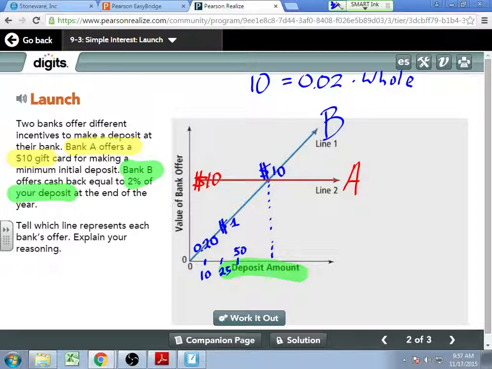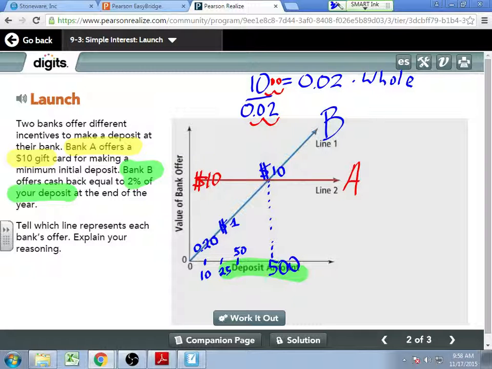I can just take 10 divided by 0.02. One trick I can do is move both decimals, top and bottom, 2 places. So then I get 1,000 divided by 2, which is 500. So we would have to deposit $500 to get a $10 reward.